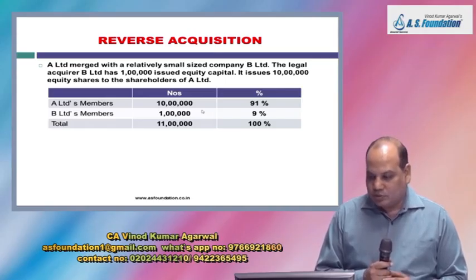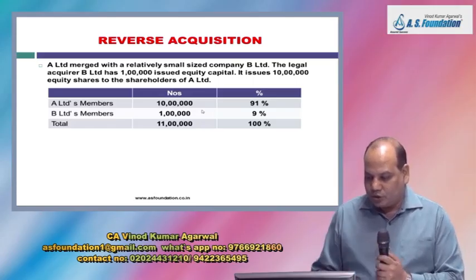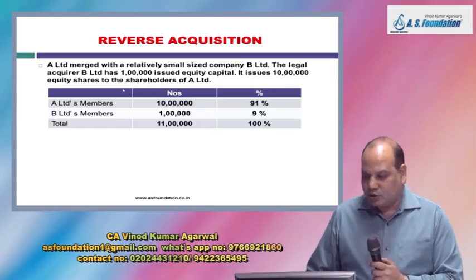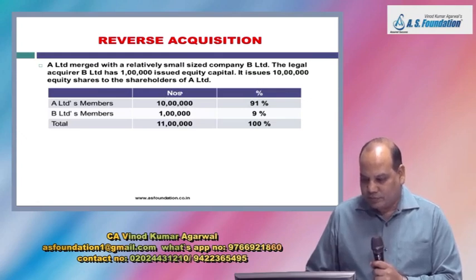Next line. Draw this table to understand the shareholding percentage. Then you will write down right hand side 2 columns, numbers, percentage. Now let us examine the shareholding percentage. A Limited's members, now they will be holding 10 lakh shares and B Limited's members will be holding 1 lakh shares.